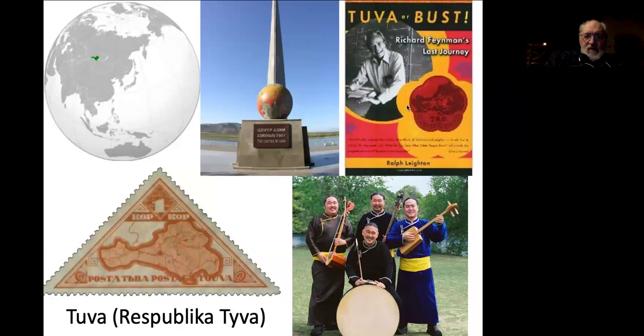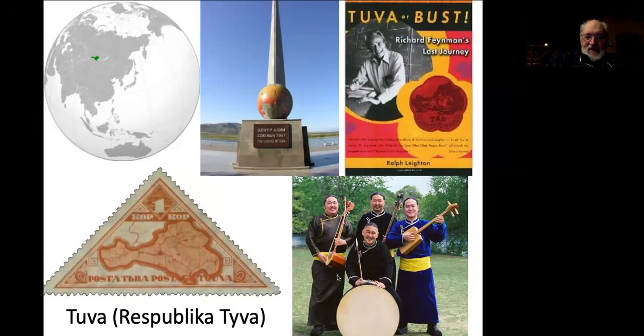Tuva was made famous by the eclectic physicist Richard Feynman, who wrote a whole book about his finding in his father's stamp collection stamps from this region, which is famous to geographers because it's the geographical center of Asia, the center of the whole continent.